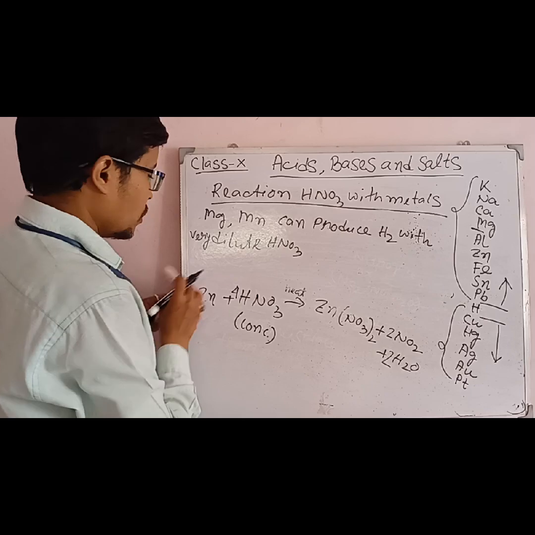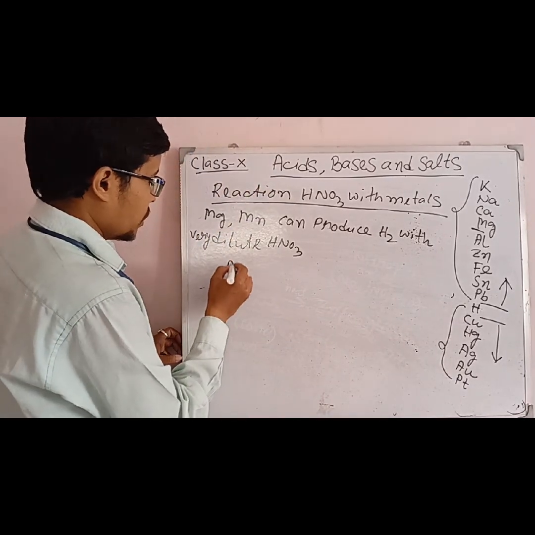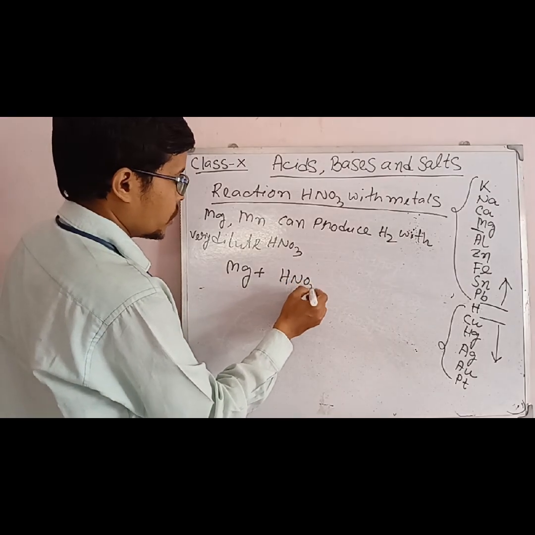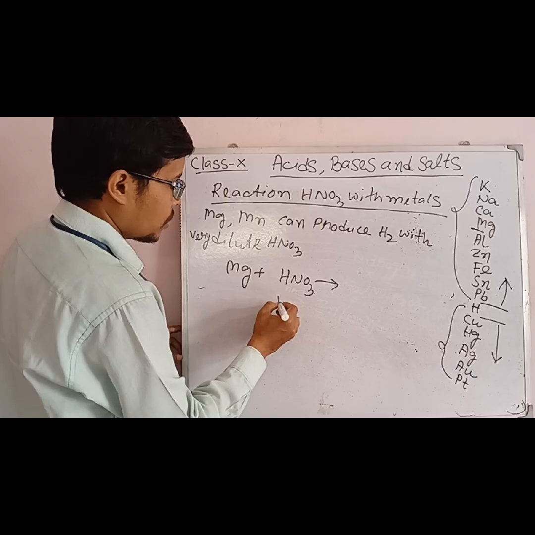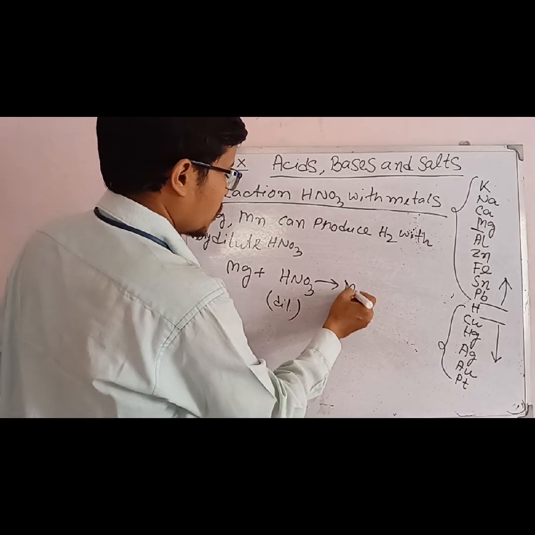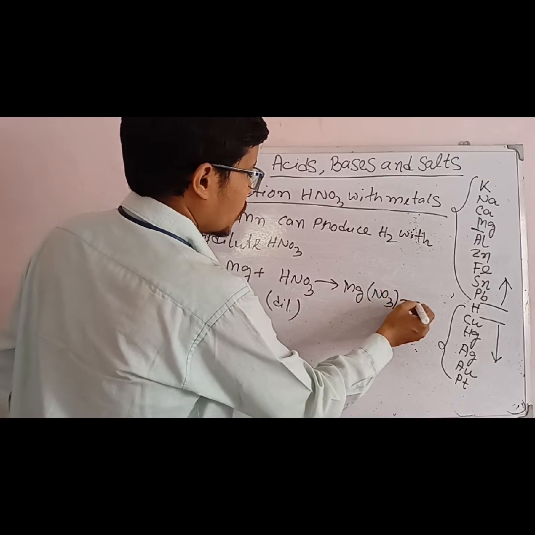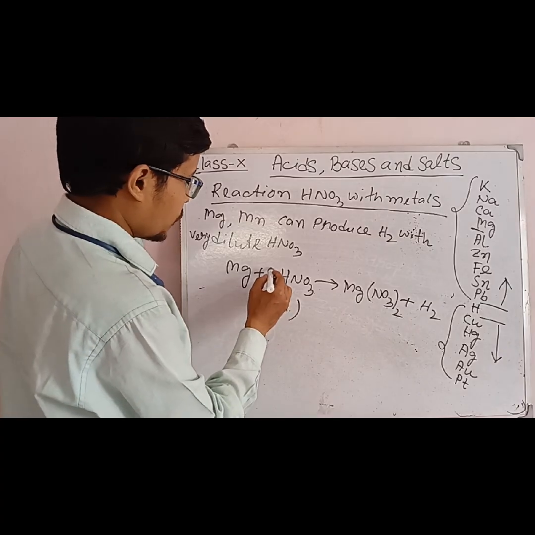As an example, you can write magnesium plus very dilute HNO3 gives magnesium nitrate, the nitrate salt, plus hydrogen gas.